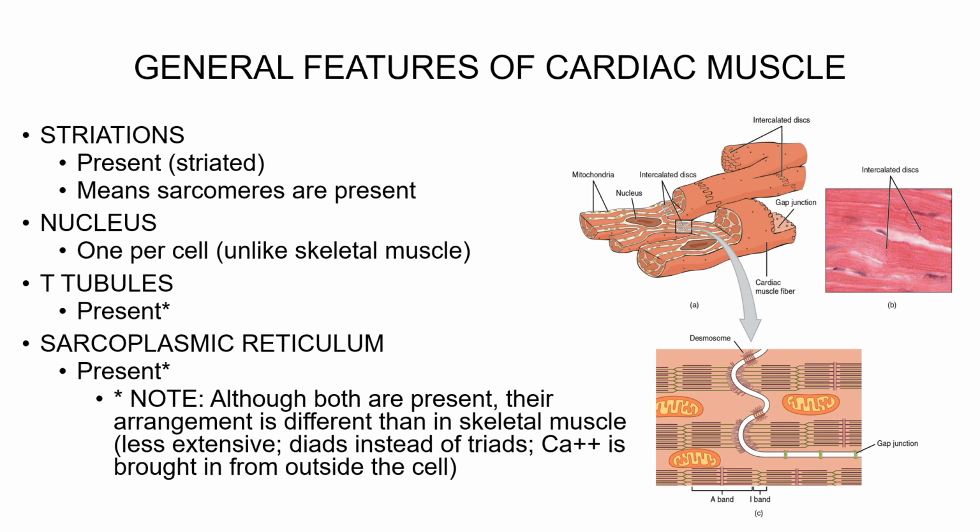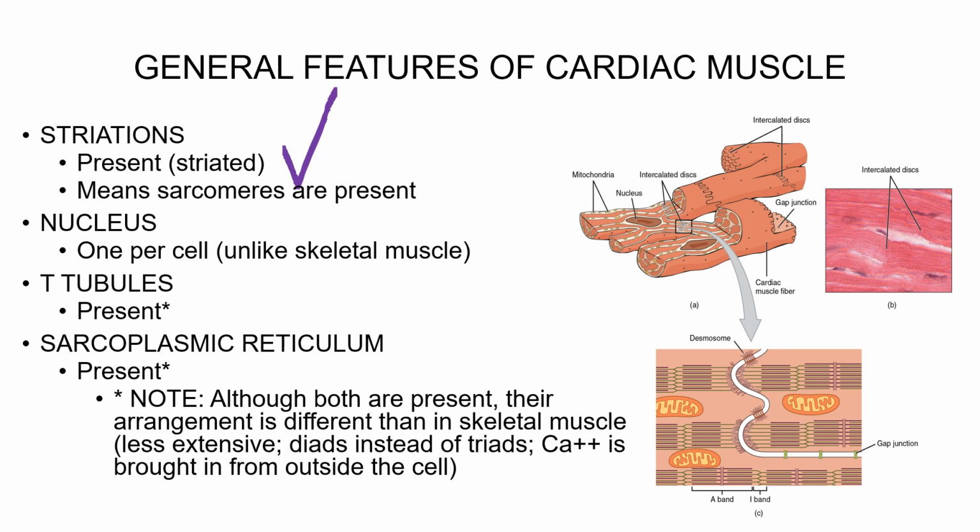So a big difference between skeletal and cardiac muscle under the microscope is skeletal just seems a lot more organized. It's a lot more neat. Cardiac has a lot more branching going on. But similar to the skeletal muscle, we do have striations. We do have those stripes, that light, dark, light, dark, alternating proteins appearance.